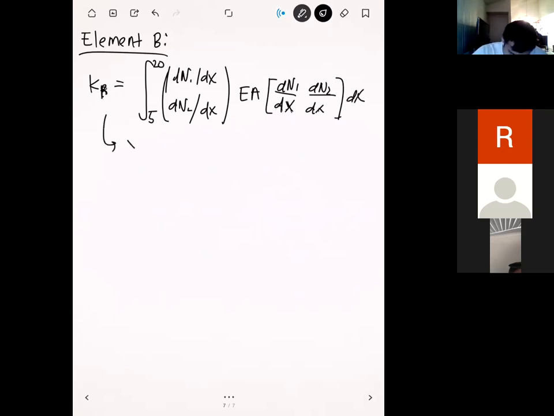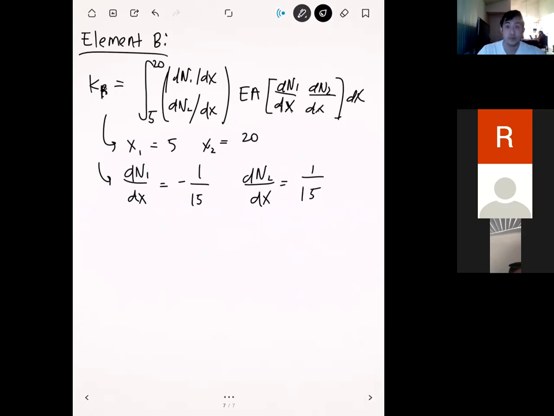And so again, for this problem, our x1, or our bottom bound here, is going to be 5, and x2 is going to be 20. And then if we evaluate our shape function derivatives here, we have dN1/dx is equal to minus 1 over 15, and dN2/dx is going to be 1 over 15.